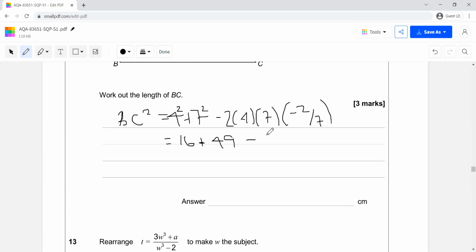And we multiply that by our 4, so we get a 16 over here. We get a plus 16. So this is equal to 81. So it's the square root of 81. So it's 9.